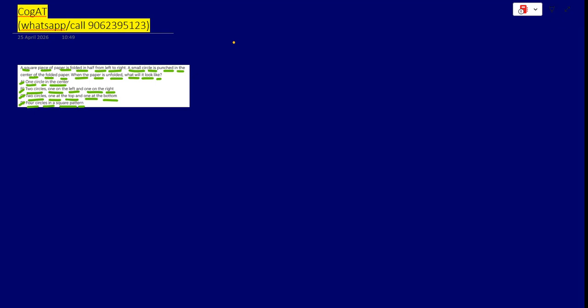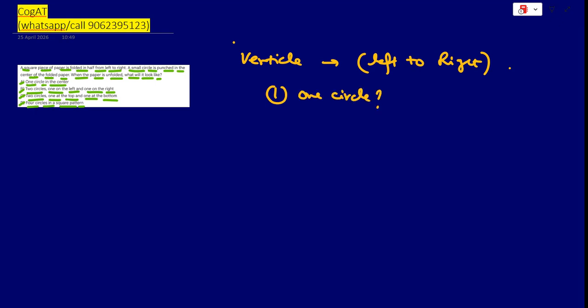So if the fold was vertical, like left to right, the travel of the holes happens horizontally. So what do we have? One circle? No, we are not that boring.